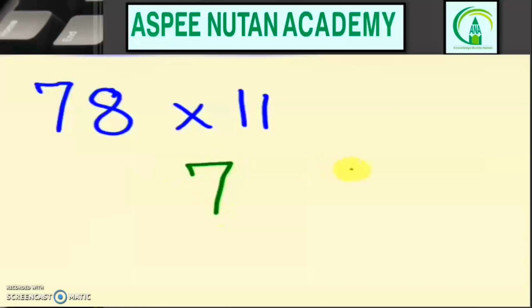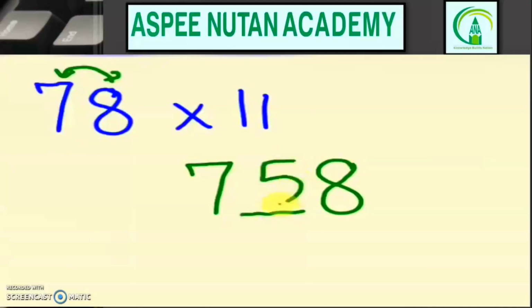Next step, 8 times 1, 8 in the ones place. All you have to do is use that magic. 7 plus 8 gives us 15, where 5 will be written in the tens place and 1 will be regrouped. 7 plus 1 makes it 8. Getting the answer as 858.